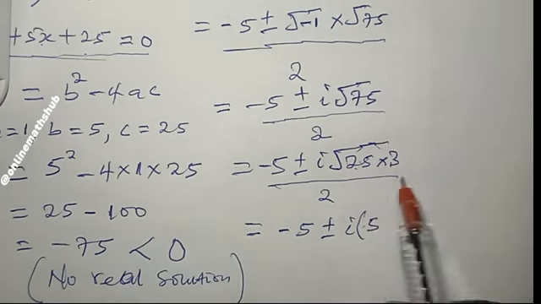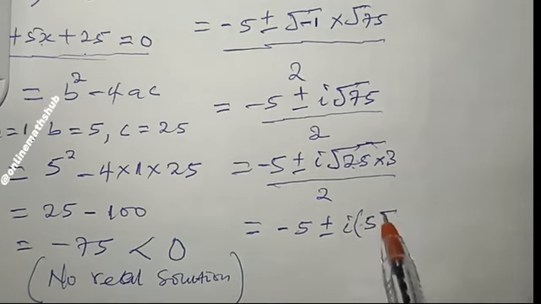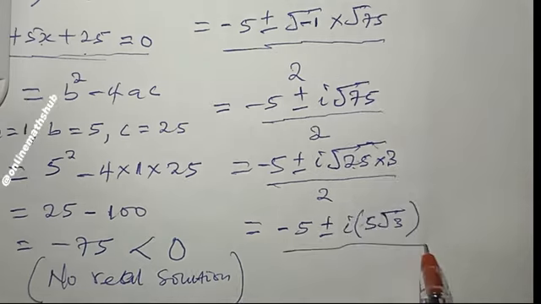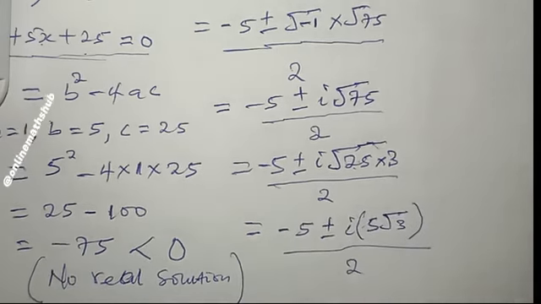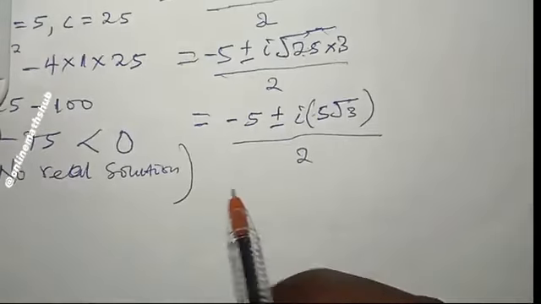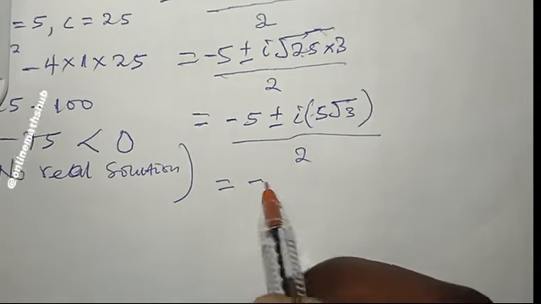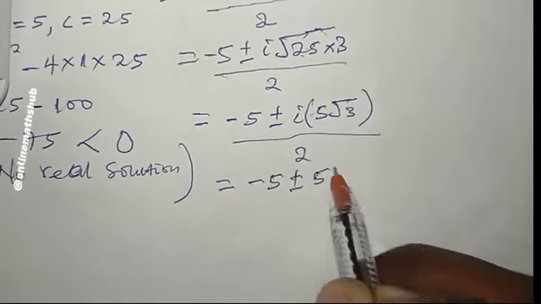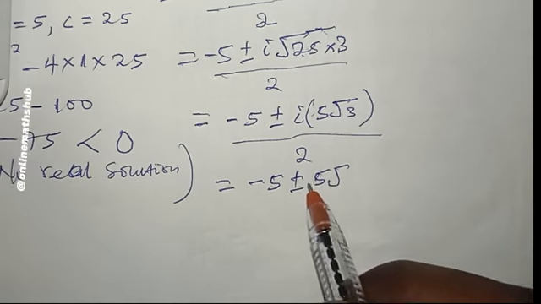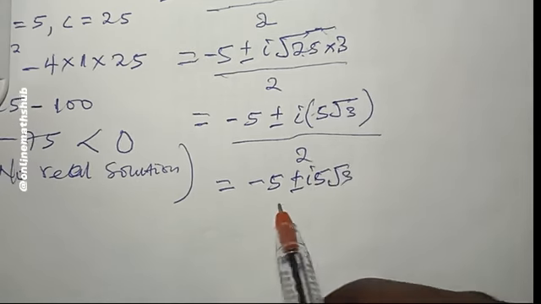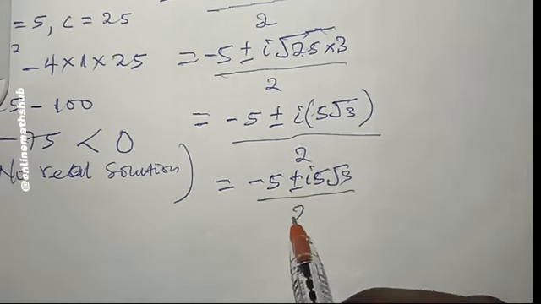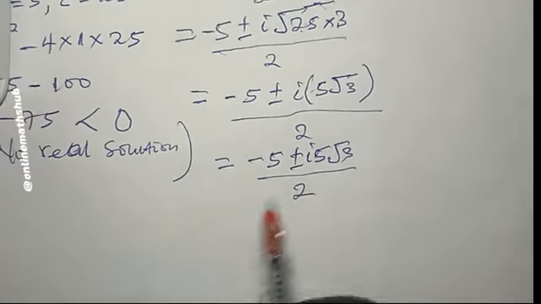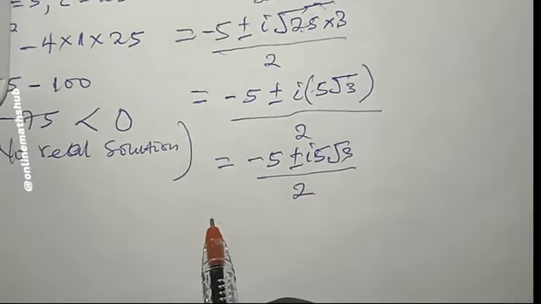Let me put it in brackets, 5 and then root 3, divided by 2, so eventually what we have is minus 5 plus or minus i 5 root 3, divided by 2. And clearly here you can see the two values of x.